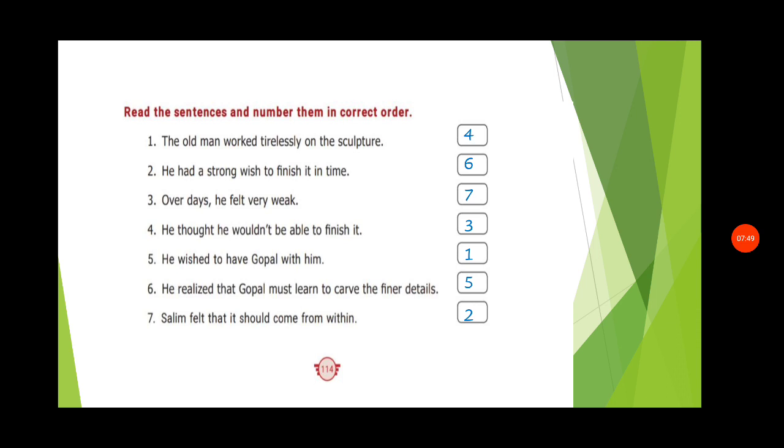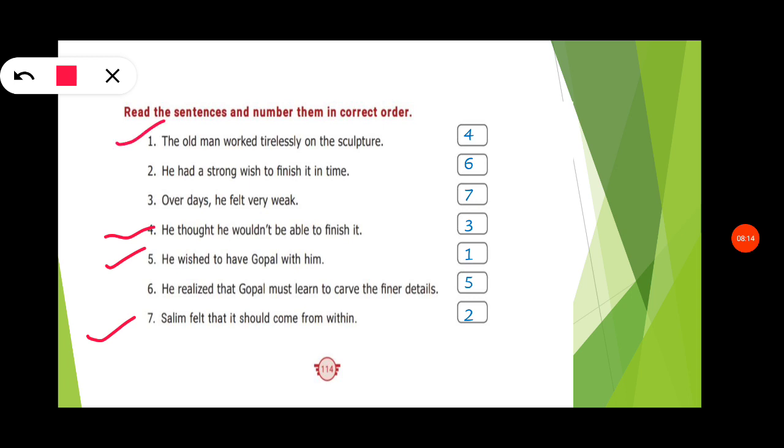So next you have, in section 2, same unit 2 prose, read the sentences and number them in the correct order. I have given you the answers here. The first is he wished to have Gopal at him. Salim felt that he should come from within. He thought he would not be able to finish it.